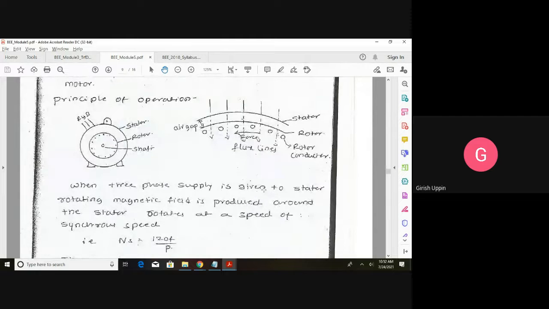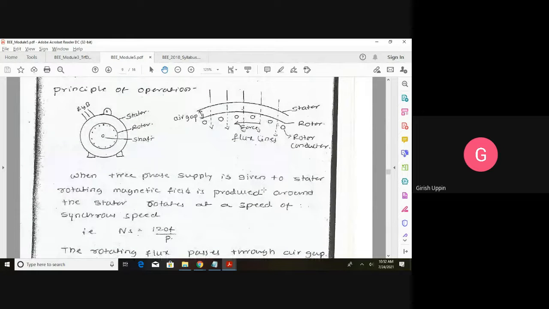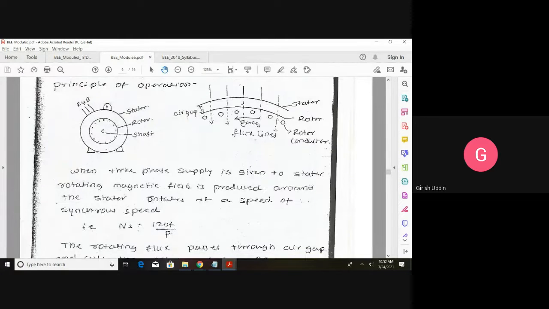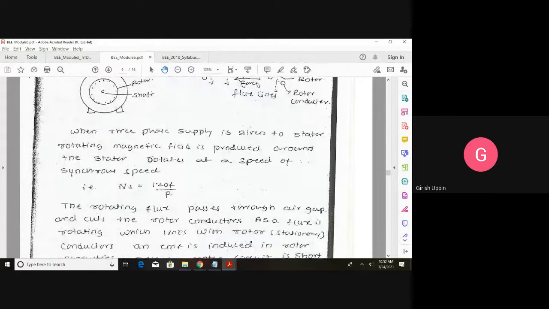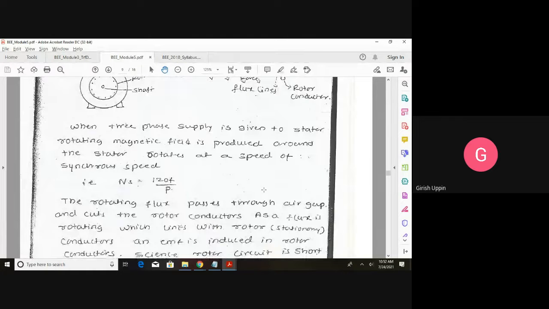Principle of operation: when three-phase supply is given to the stator, a rotating magnetic field is produced around the stator, rotating at synchronous speed, which is given by Ns equals 120 F by P. The rotating flux passes through the air gap and cuts the rotor conductors, and EMF is induced in the rotor conductors.